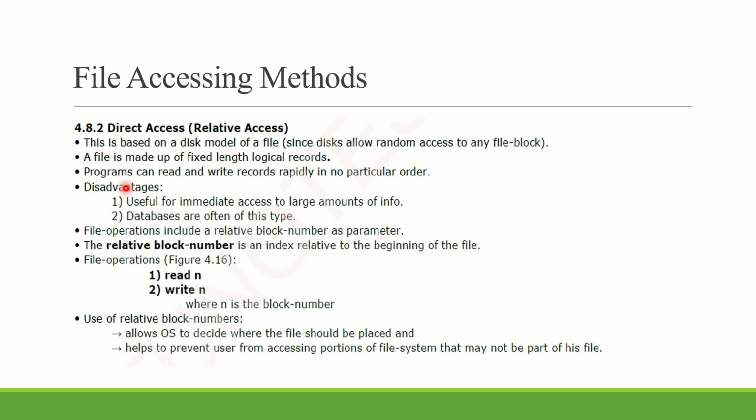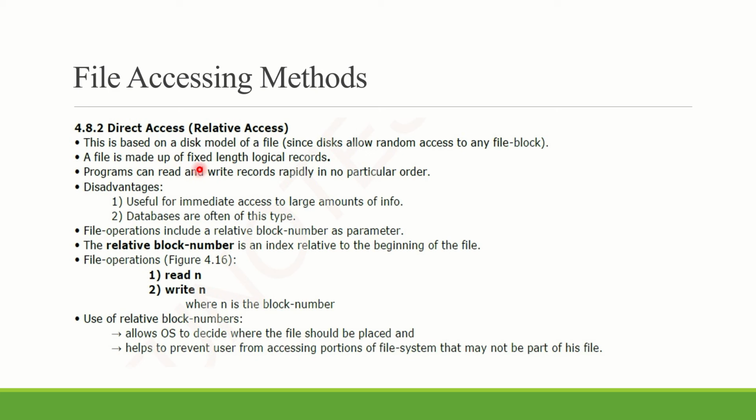An example is the disk model, the hard disk, which uses the direct access or relative access method. This is based on the disk model of a file, since a disk allows random access to any file block. The system can randomly access any file block or record.